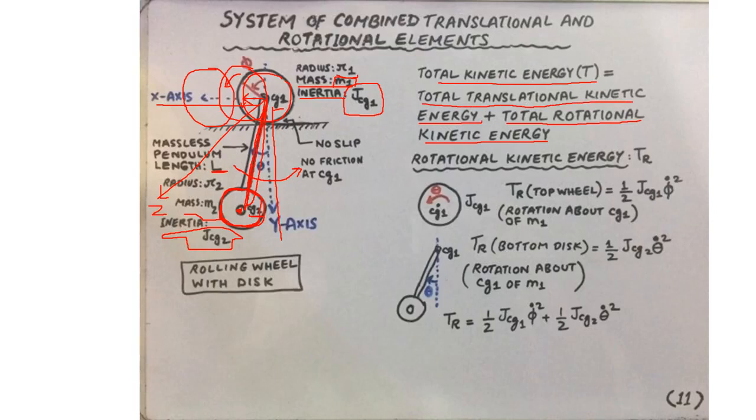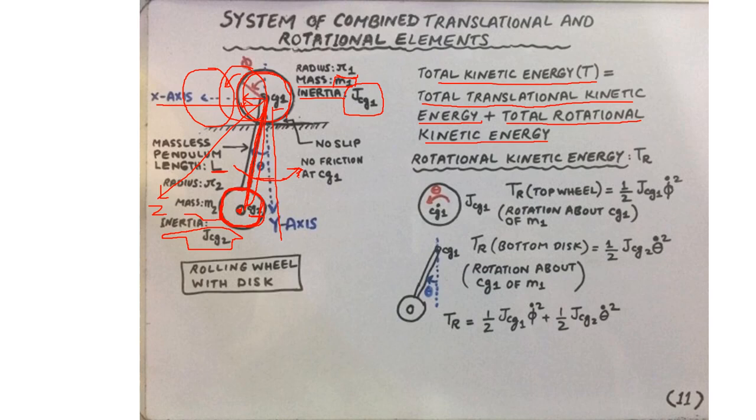And at this point I should emphasize that the bottom disk, like the top wheel, has both linear as well as rotational motion. The rotational motion is the rotation about a z-axis, which is directed out of the plane, but it also has linear motion specified by the linear velocities.